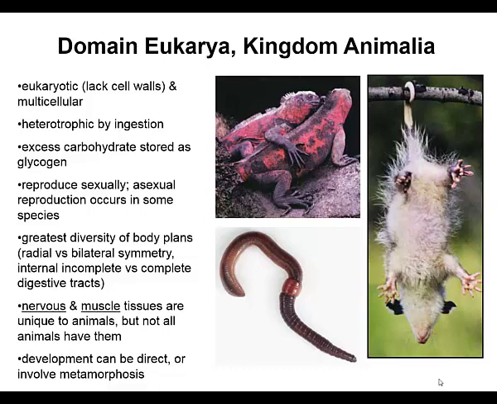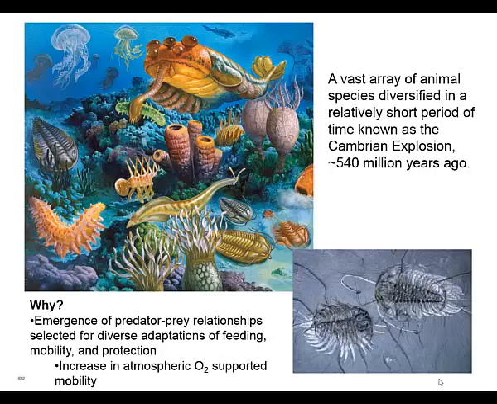And lastly, development, in terms of embryonic development and reaching sexual maturity, can either be direct, as it is in humans, a straight line, or it can involve metamorphosis, where the organism goes through stages of development, and oftentimes those stages have very distinct morphology.